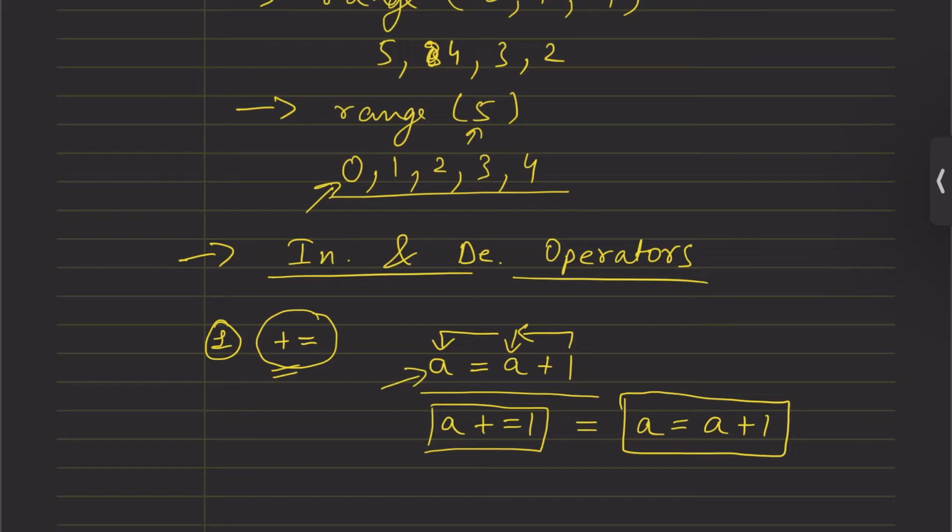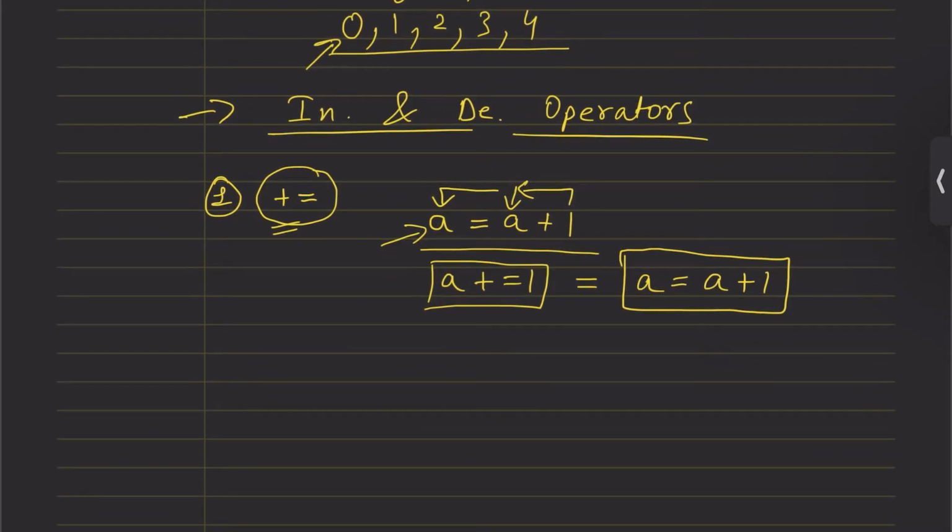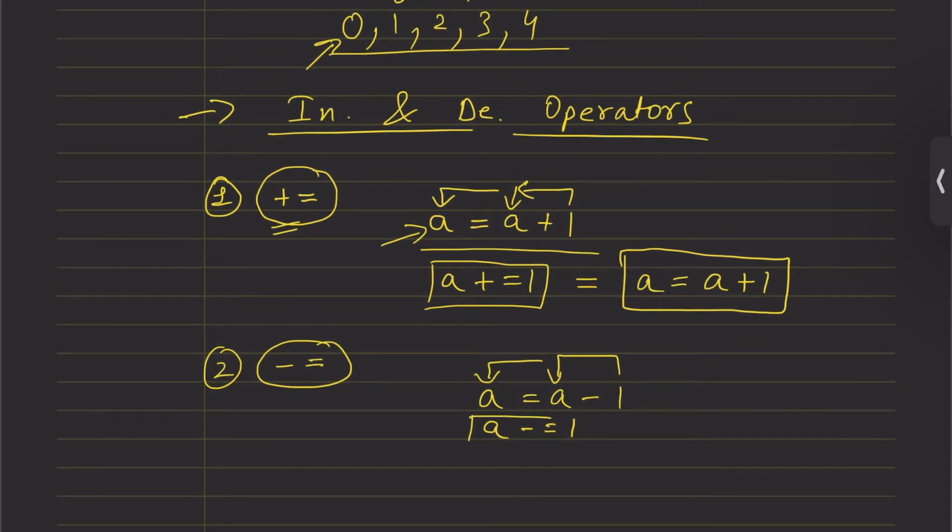Now let's see the decrement operator, which is represented like this: -=. Let's take another example. I will write a = a - 1. We all know what it does: it subtracts 1 from a and saves the result in a again. If I have to write that using the decrement operator, I can write a -= 1.